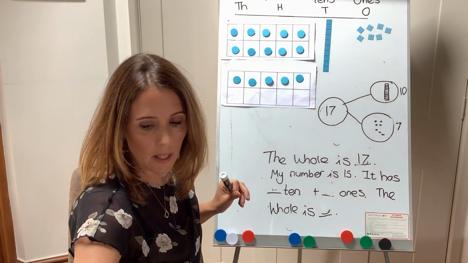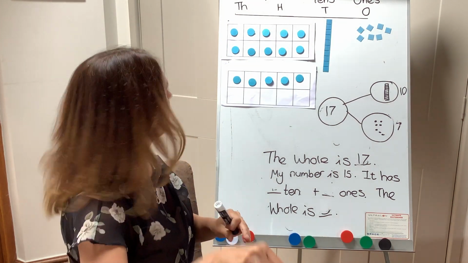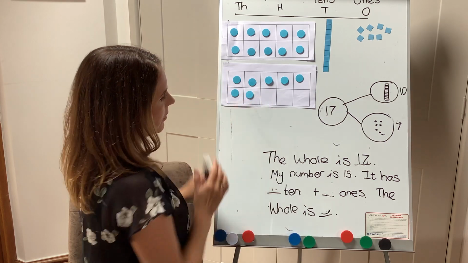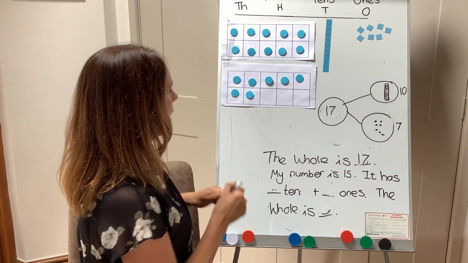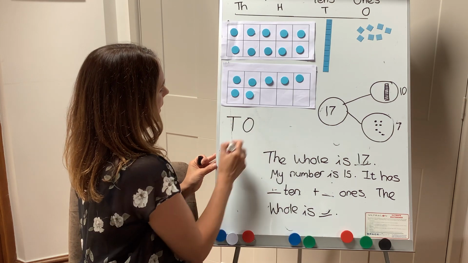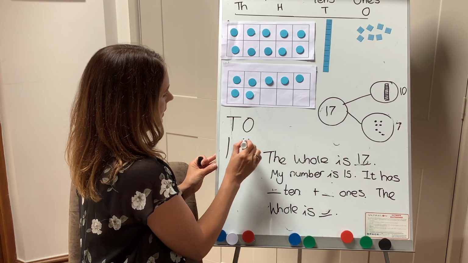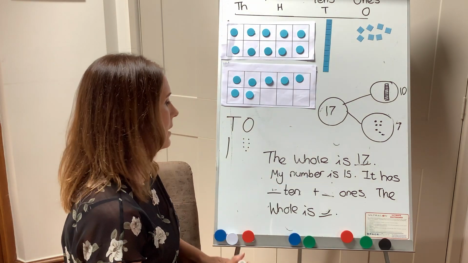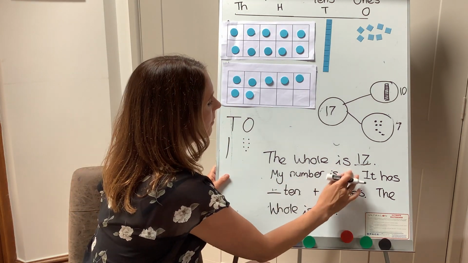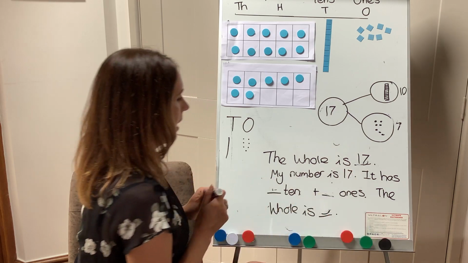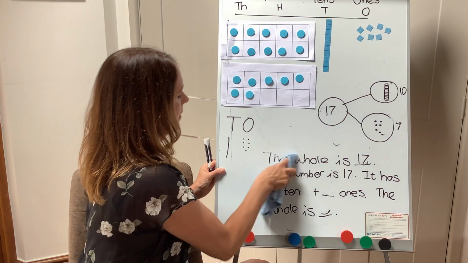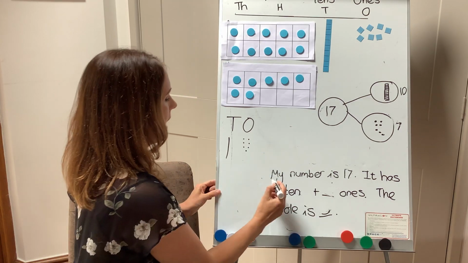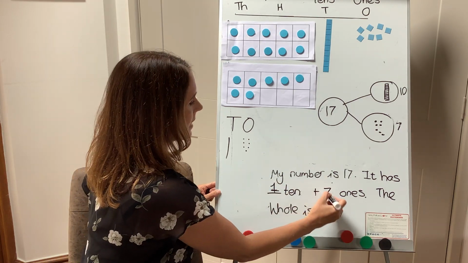We can make it using the tens frame. We've got one whole group of 10 and then we've got 7 ones. And we can even do it with our 10 stick and our cubes, our dots that show ones. So the whole is 17. My number is 17.